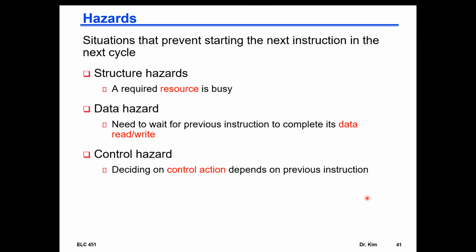The easiest one is what we call structural hazards. That is when there is a collision or competition for the usage of a resource. Let's say you wanted to use a single ALU to calculate the next value of the program counter and also use it for everything else.